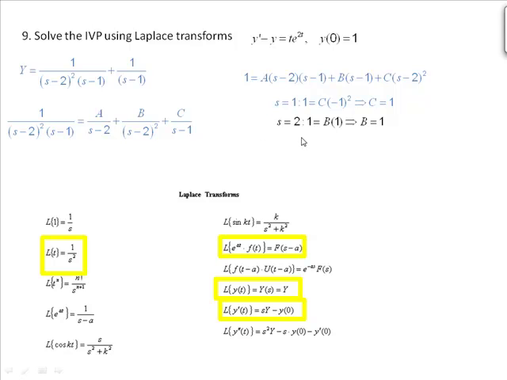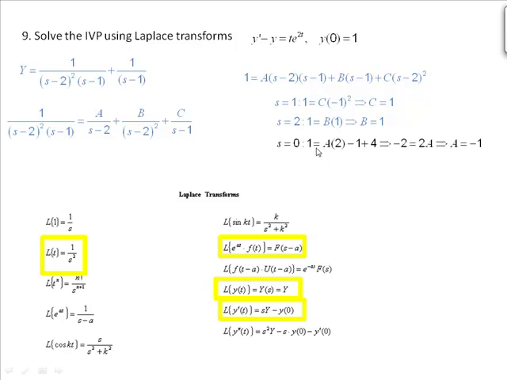And then choose any other value to solve for a. I chose 0, and when s is 0, I get negative 2 times negative 1 is 2 times a, b is 1, and 0 minus 1 is negative 1, so this becomes negative 1. C is 1, and 0 minus 2 is negative 2. Negative 2 squared is 4, so that's plus 4.